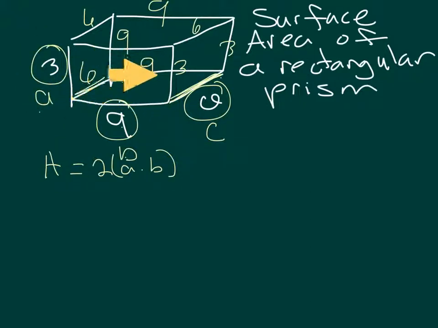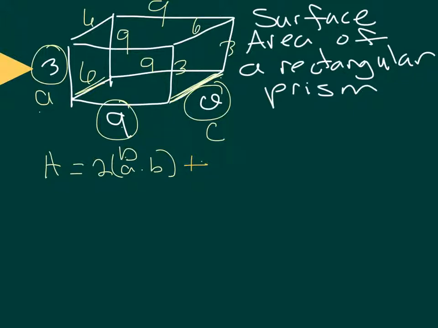And we have this one here, but we also have the one in the back. So that's why we multiply by 2, and then we take the length times the width, which is 3 times 9.